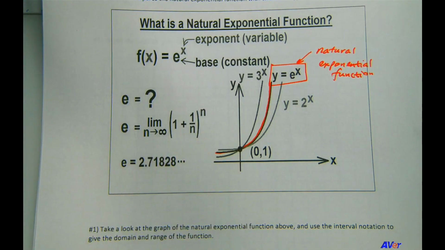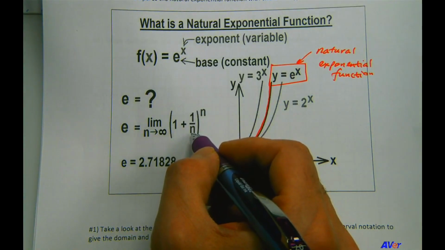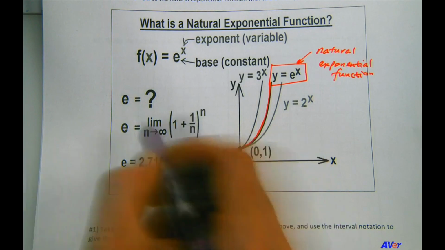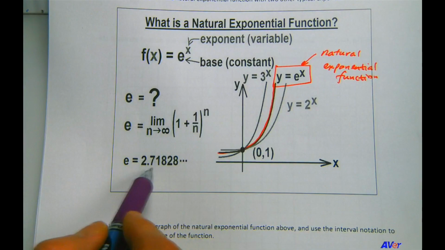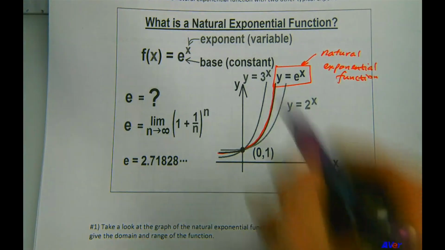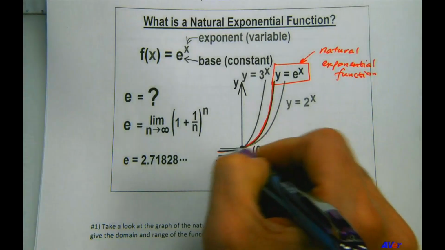If you want to do this manually, just if you're curious, you can take n to be 100, then 1,000, then 10,000, 100,000, a million, 10 million, 100 million, 1 billion, and so on, and see how this quantity approaches that e value that we talked about, 2.71828, and so on.